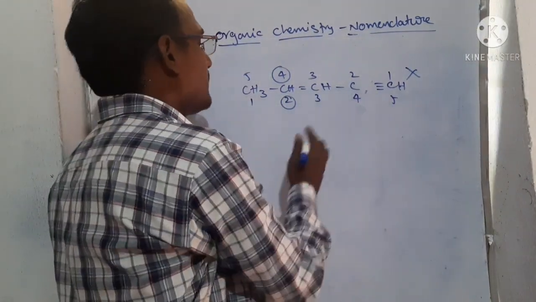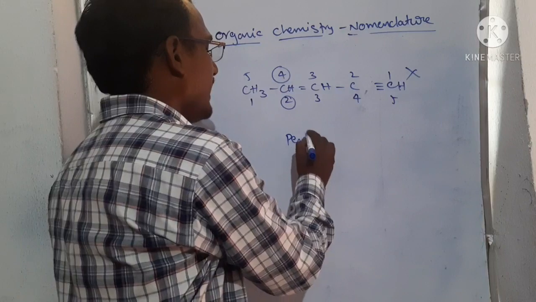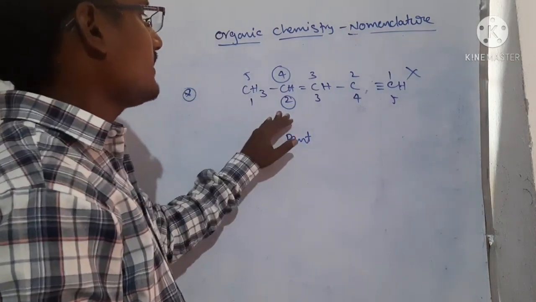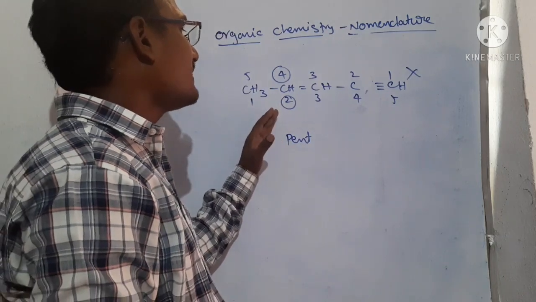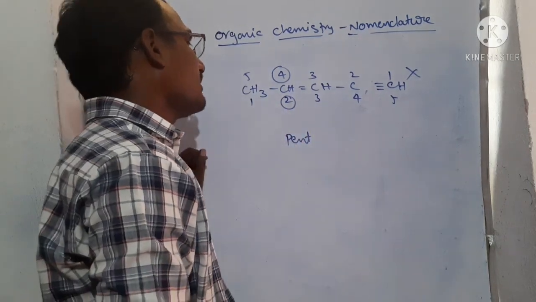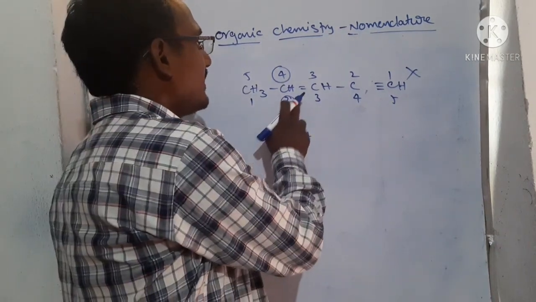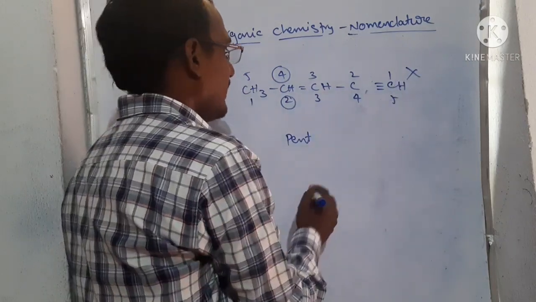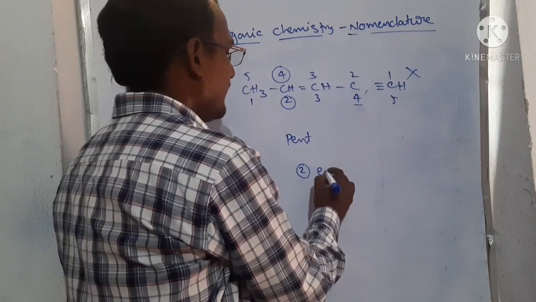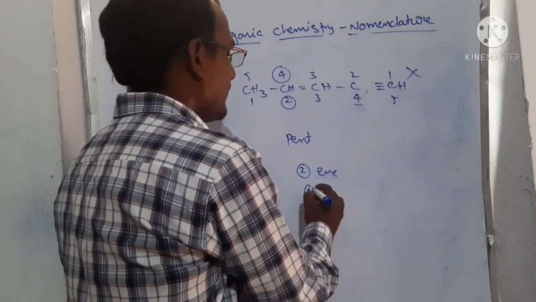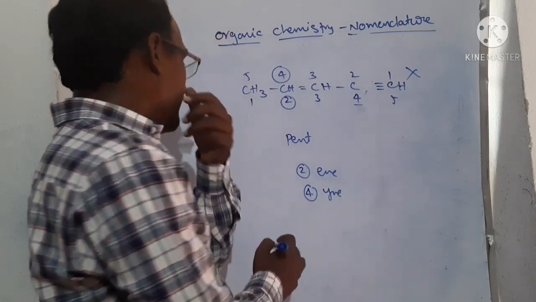So 5 carbon atoms are there, hence the root word is pent. Then the double bond and the triple bond: the second position is the ene and the fourth position is the yne. Which is correct?